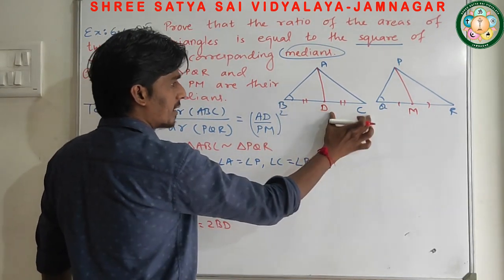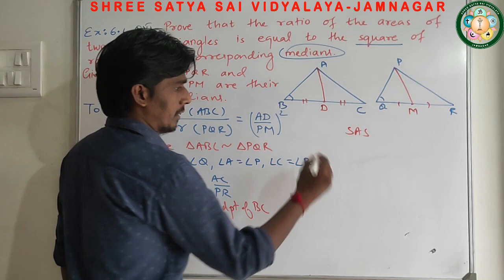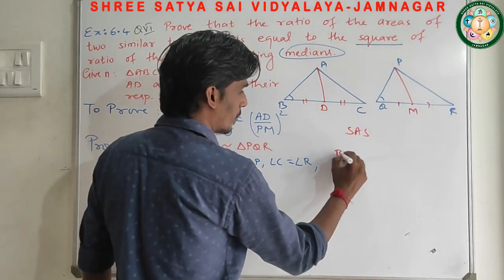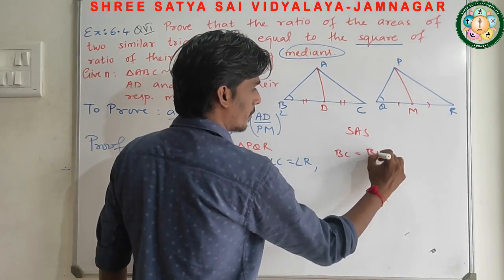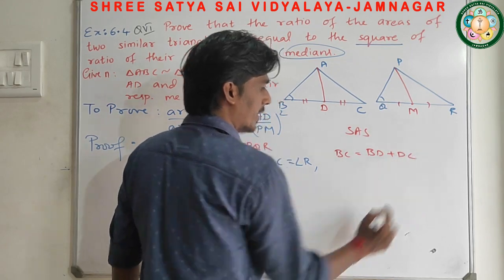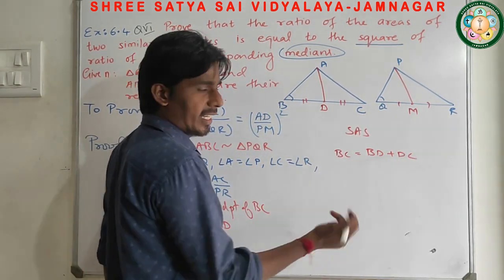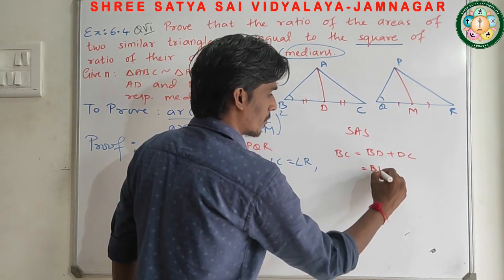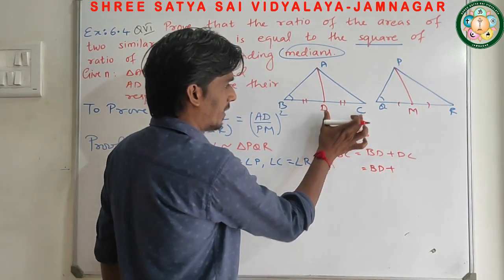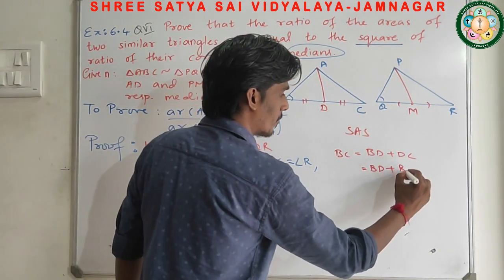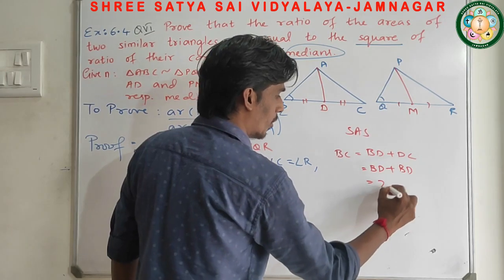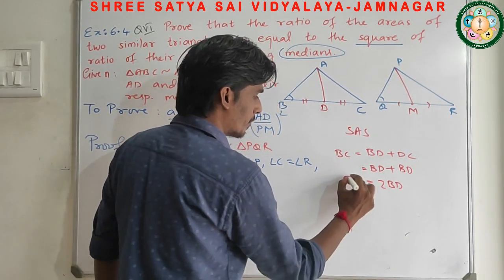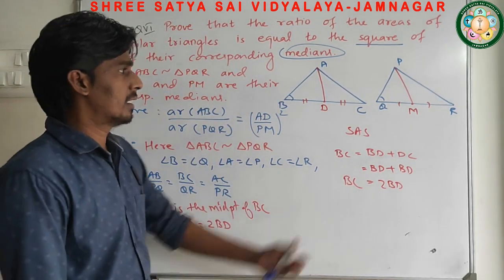This BD plus CD is equal to whole BC. If you want to elaborate this one, BC is equal to what? BD plus DC. Now both BD and CD are same. So instead of CD, we can write what? BD. BD is what? 2BD, that is equals to BC.